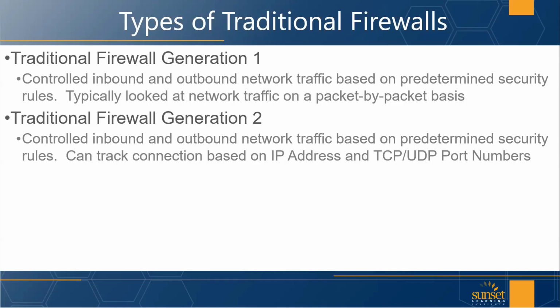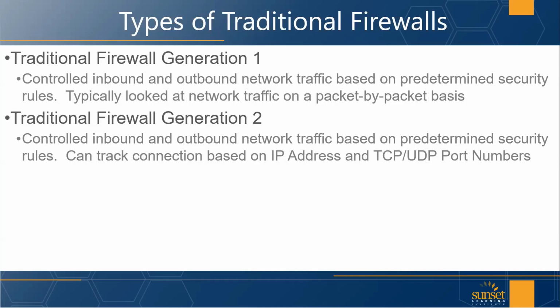Generation 2, you could actually do more because you could track a connection. So we could start looking at the connections and say we're getting X amount of connections from this IP address going to these port numbers. So we could look at that connection and say, all right, maybe this is an attack coming in. They're trying different things.